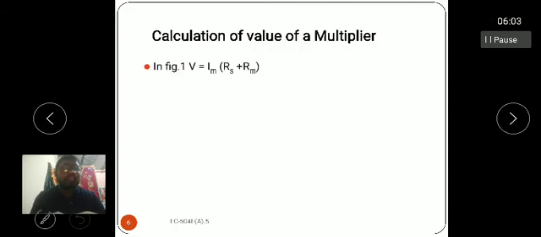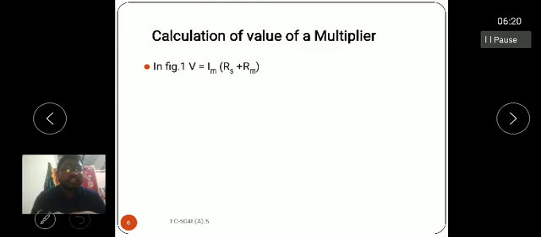Calculation of the value of the multiplier. How to calculate the value of the multiplier? In the figure, V is equal to the total current Im into Rs plus Rm, because these two are connected in series, so V is equal to I into R. The meter current is nothing but Im.